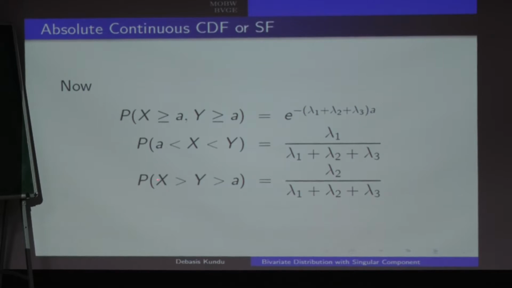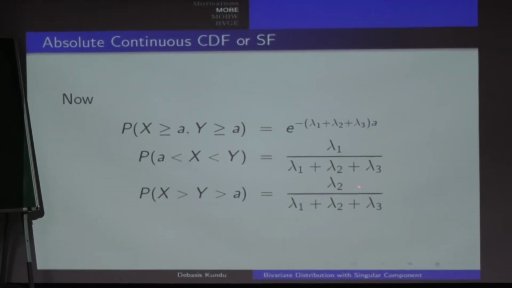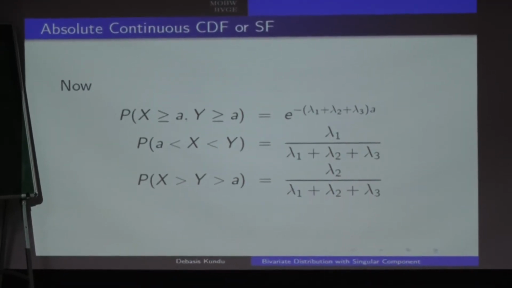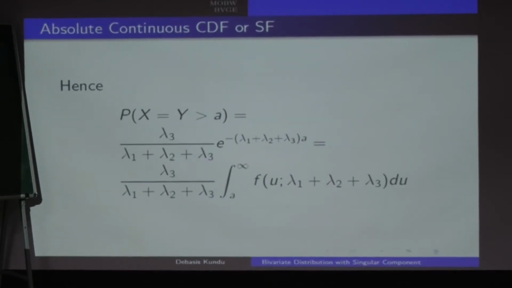Similarly, probability x greater than y greater than a is lambda 2 times e to the power of the same quantity. So what we get for probability x equal to y greater than a is simply this quantity. I try to write this quantity in integral form, and you'll see the reason for that. It can be written in this integral form, where this one is the exponential density.